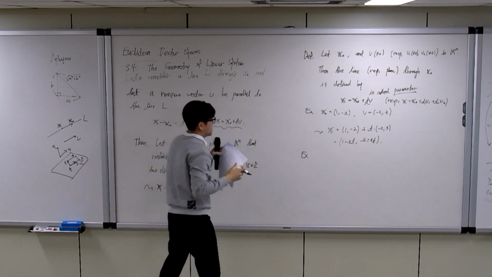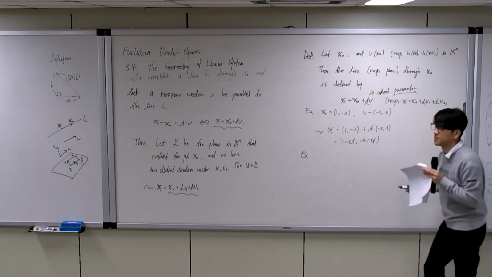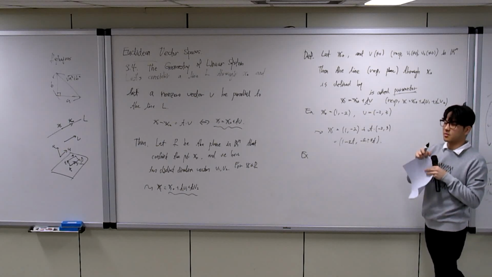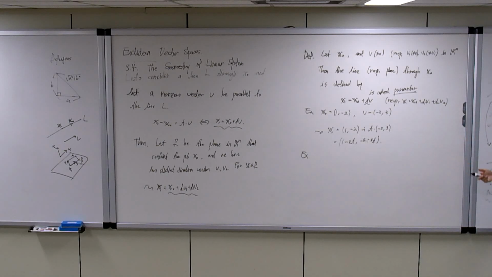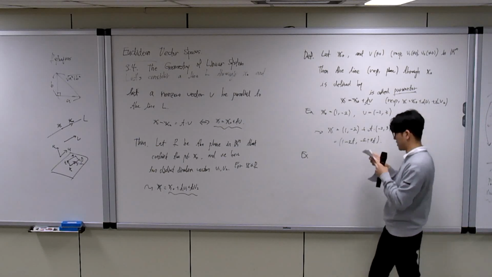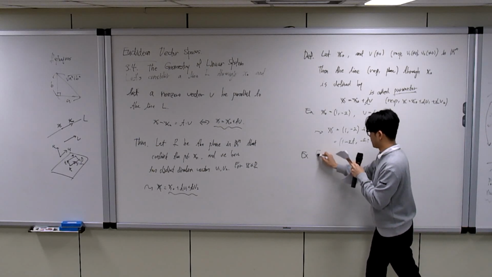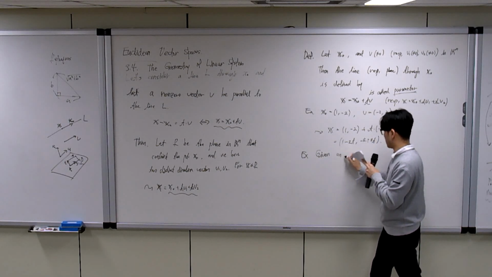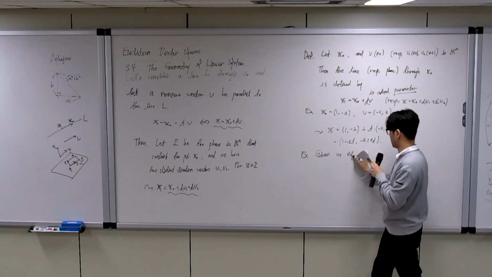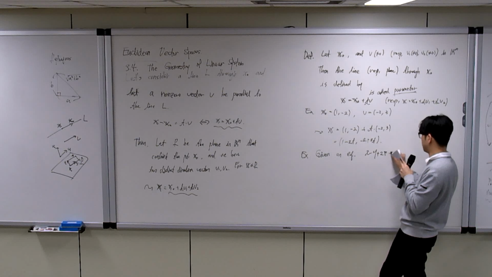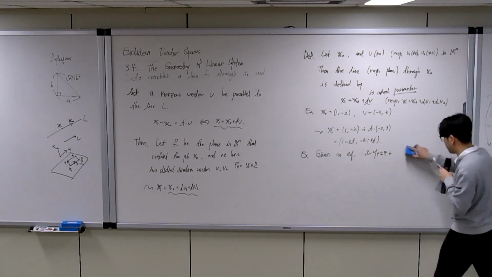So the linear system will be given as an equation, and the line or plane, or more generally the hyperplane, will be written as an equation. And so if I give an equation x minus y plus 2z equals 5.